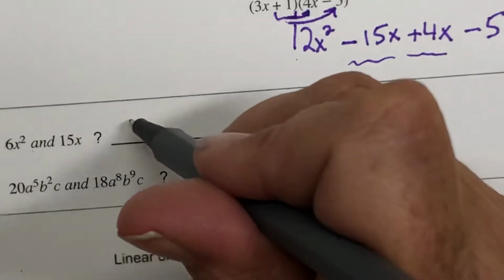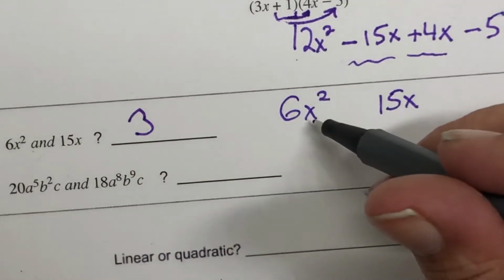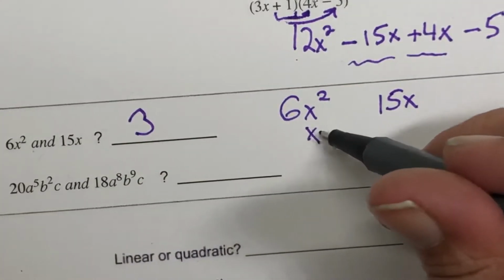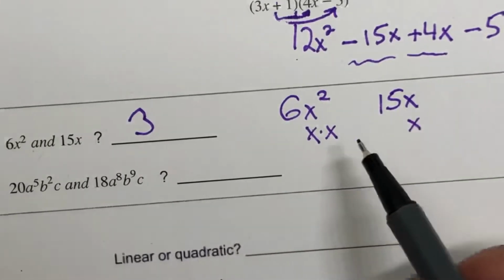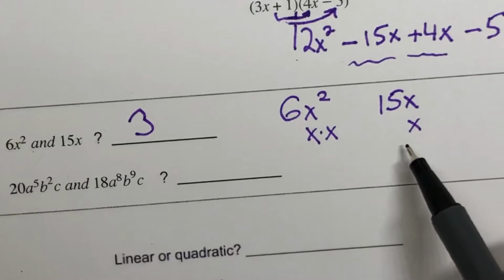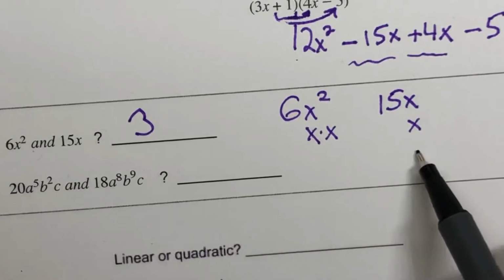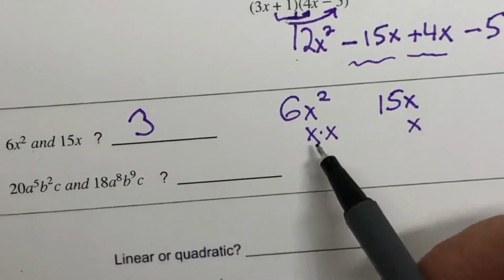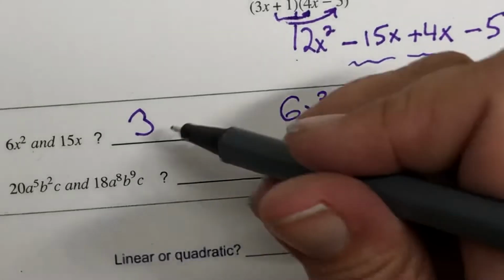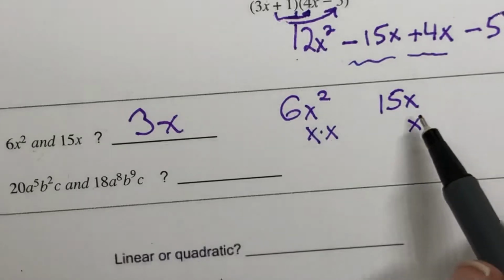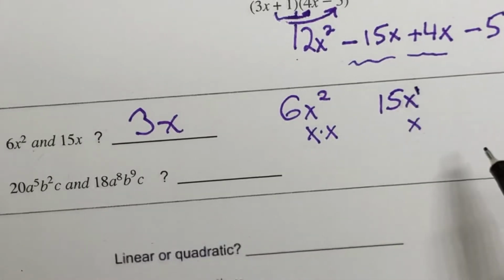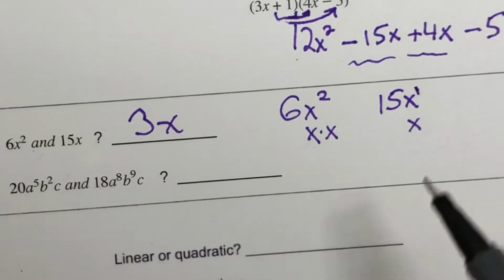And I think most everyone got the 3. Well, x squared is x times x, and x is just plain old x. So what do they have in common? What's the same in both? They both have at least one x. Do they have x squared in common? No, because the 15x just has x to the first power, not x squared.